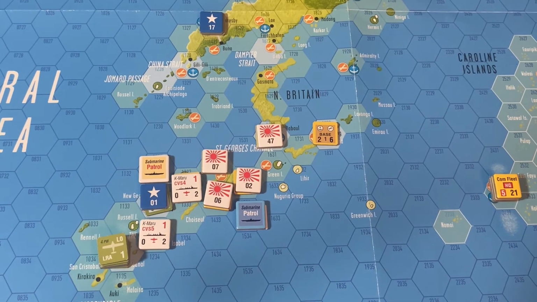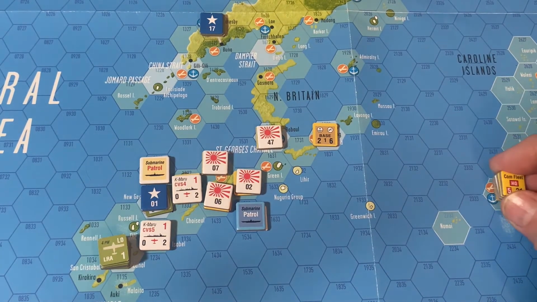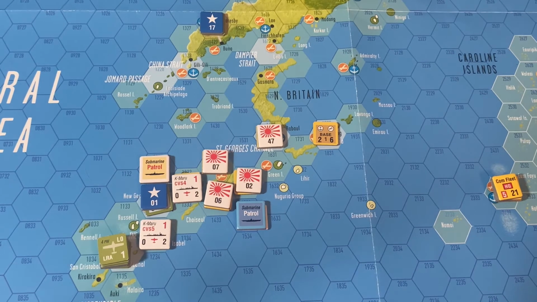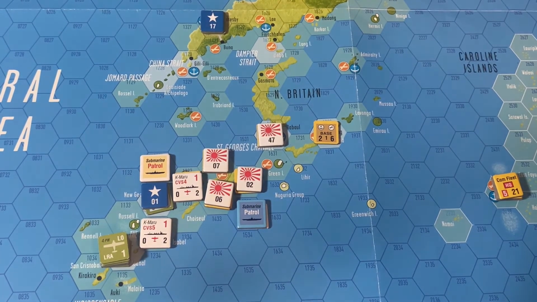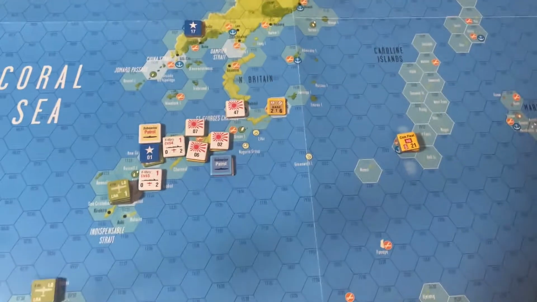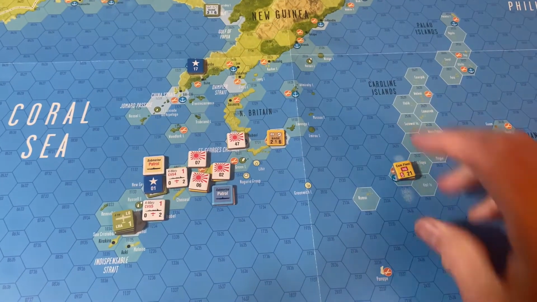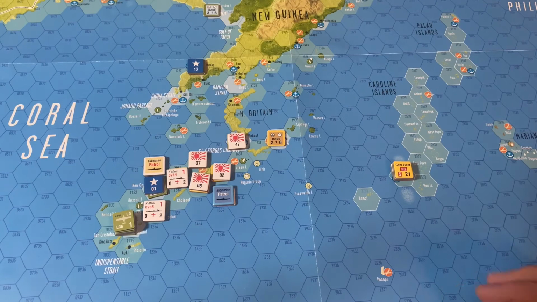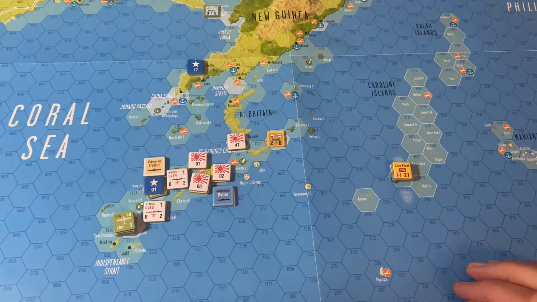And the way that works is, let's take the level 0 first. So they have 3 replacements that they can do, and there's 2 places you can take full replacements for air.